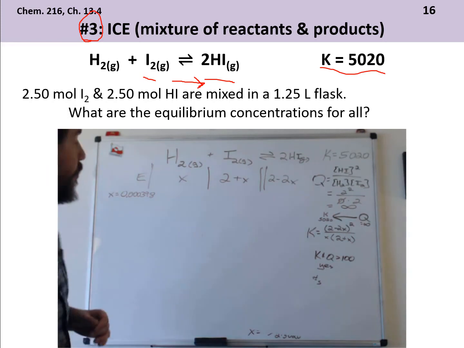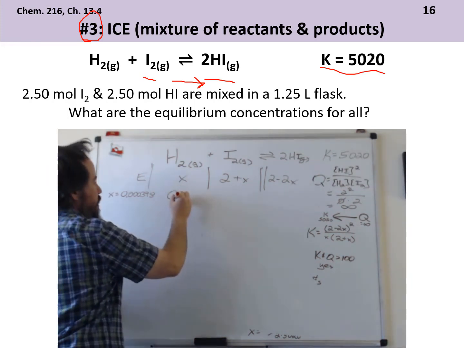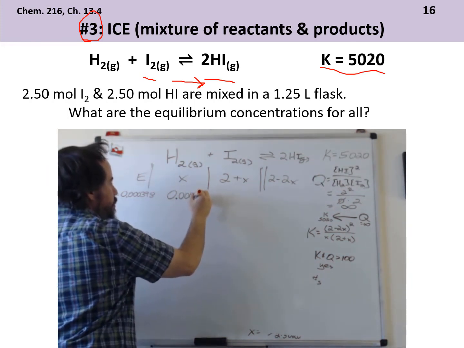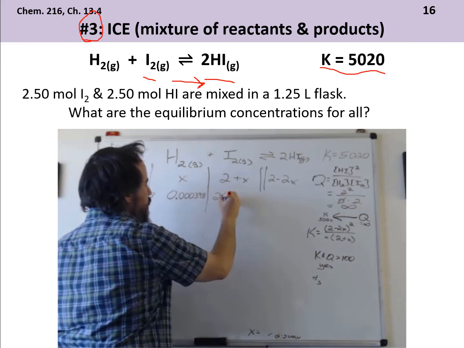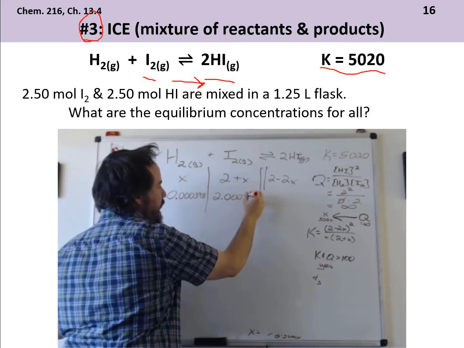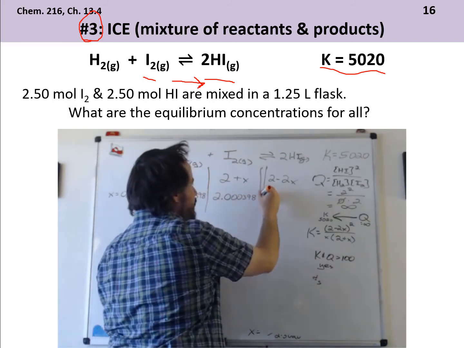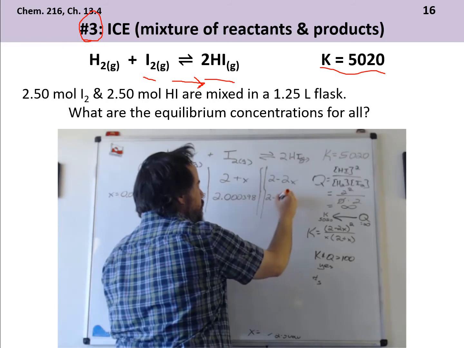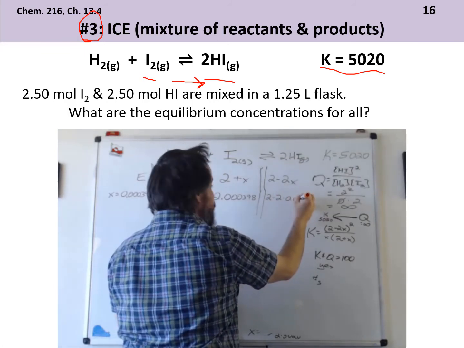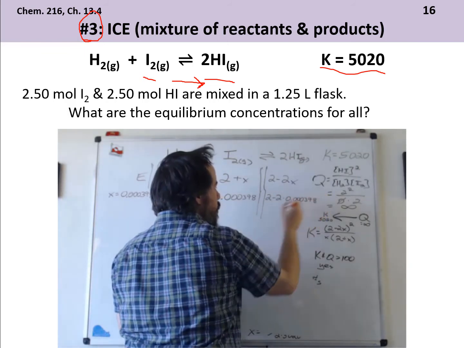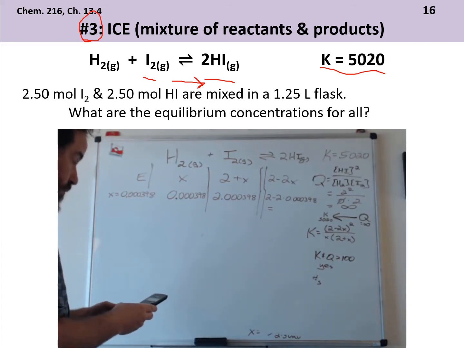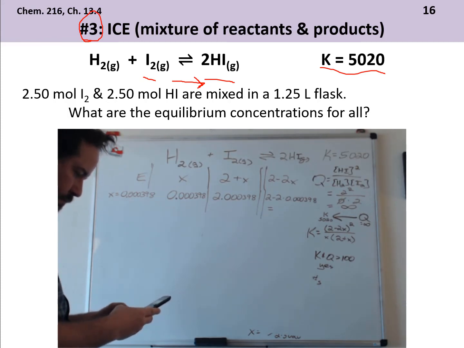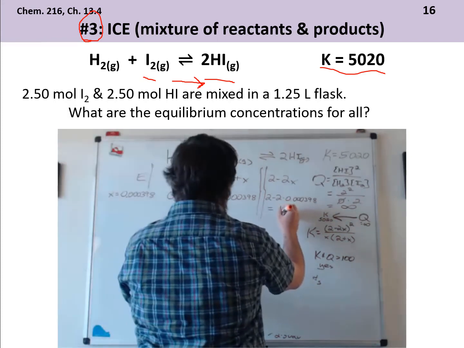So what that means is that here, 0.000398. 2 plus this would be 2.000398. And this right here would be 2 minus 2 times 0.000398, or 1.999.